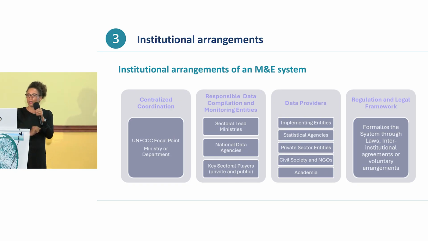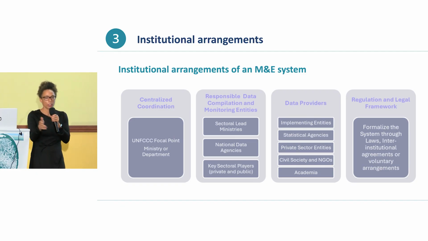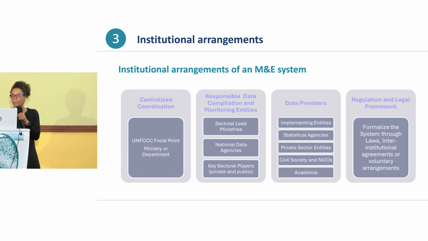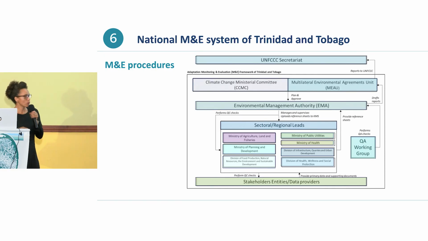We have institutions and agencies who collect the data. The methodological organization is one aspect here, but also stakeholders, and then the regulatory agencies which create frameworks and laws. Have a look at how it looks in Trinidad and Tobago.